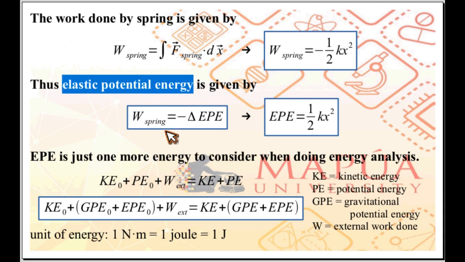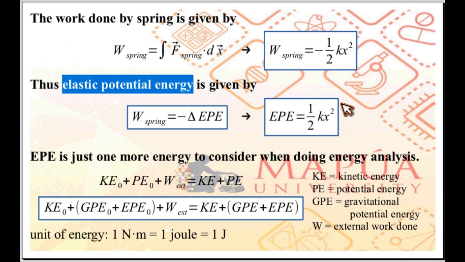Thus, the work done by the spring is equal to negative delta EPE, elastic potential energy. So, negative change in elastic potential energy. The work done gets stored in the form of elastic potential energy. Thus, work done is negative 1/2 kx squared. The elastic potential energy is given by 1/2 kx squared.